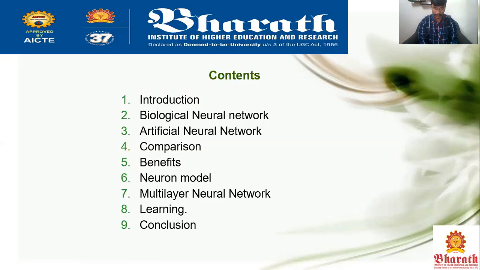The neural network which is constructed naturally by the human body is known as a biological neural network. A neural network which is developed or constructed artificially with human support, to support the neural network to work properly, is known as an ANN, called an artificial neural network.